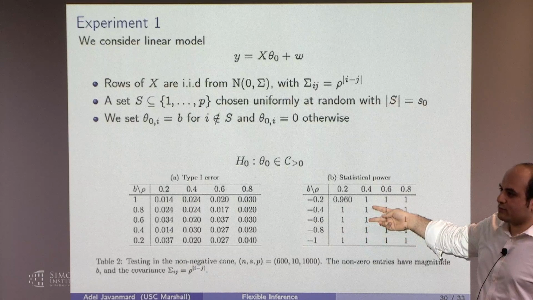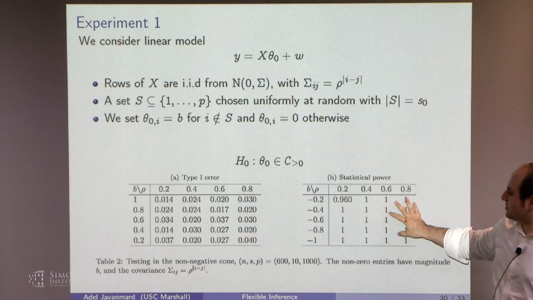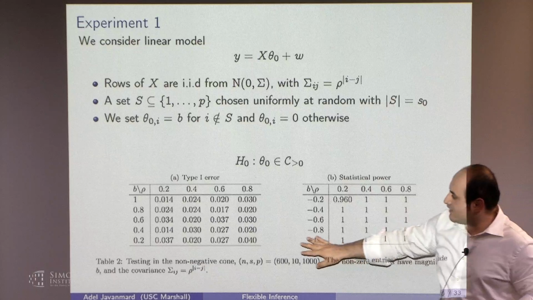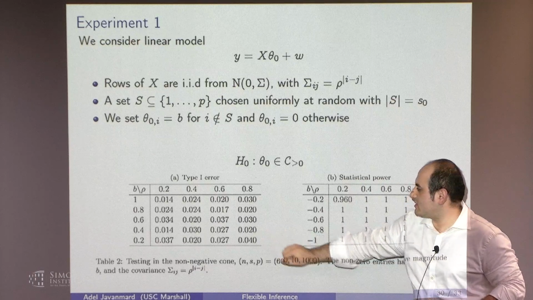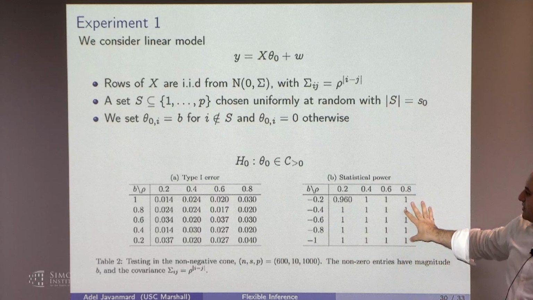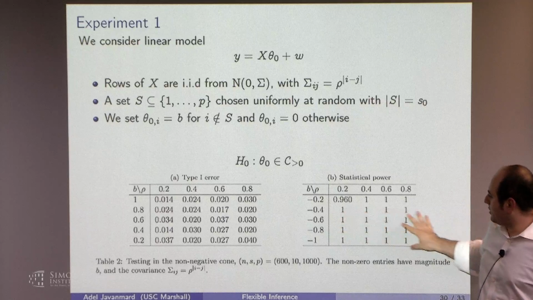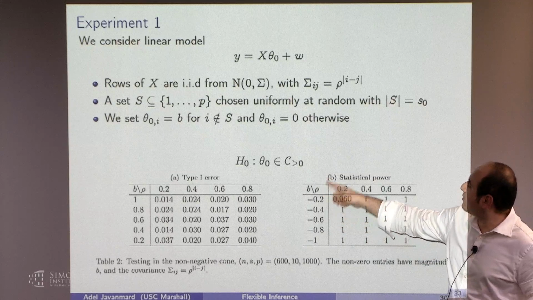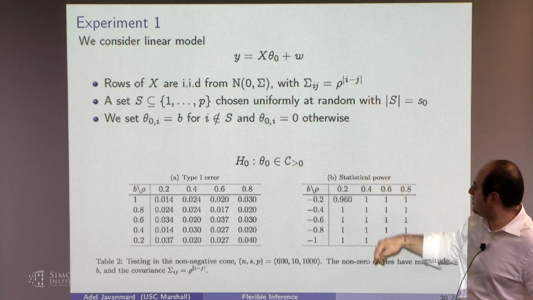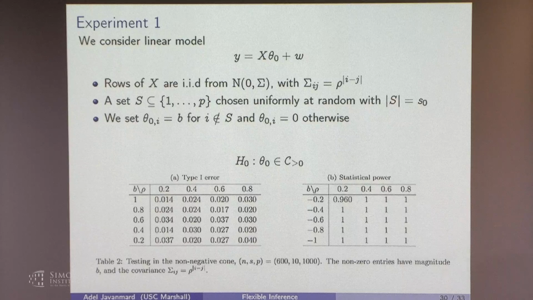So if I compute the probability of rejection, in this case it's just the type 1 error, and in this case it's just the power. You see that it's conservative here, so it's not 0.05, but the power is good. If you are already at around 0.4, you get power 1, and here rho is the correlation of the sigma. It also has good control over different ranges of correlation.